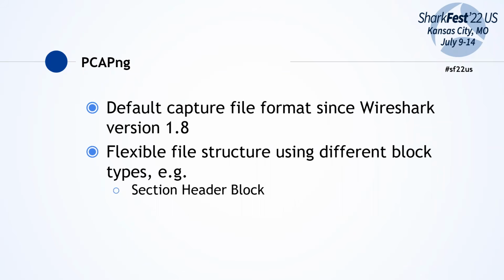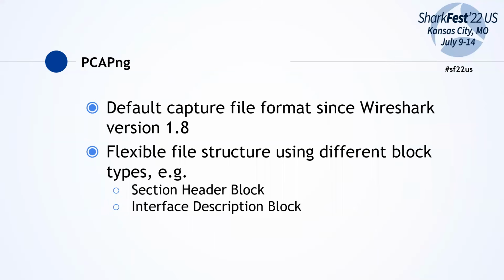So it has a section header block. That is basically what I talked about when I meant everything has a file header. There's an interface description block, because PcapNG is the first format that allows storing packets taken on multiple interfaces at the same time. PCAP can't do that.